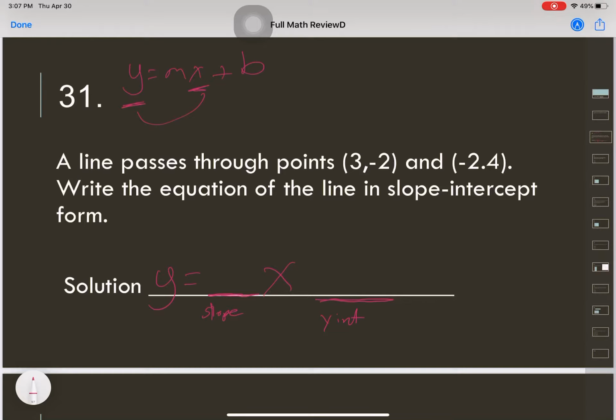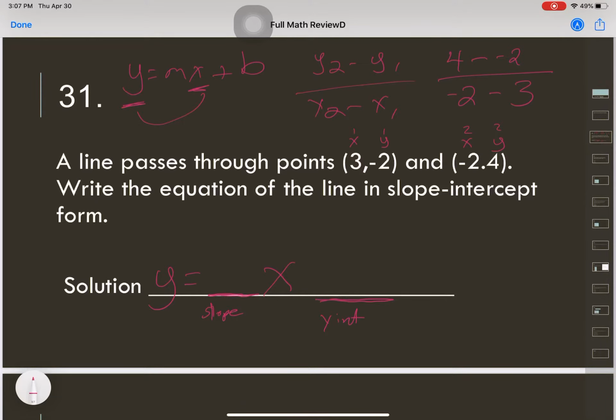To find slope, the slope formula is y2 minus y1 over x2 minus x1. So we know this one is x, this one is y, x, and y. This will be 2, 2, 1, and 1. So y2, which is 4, minus y1, which is -2, over x2, which is -2, minus x1, which is 3.